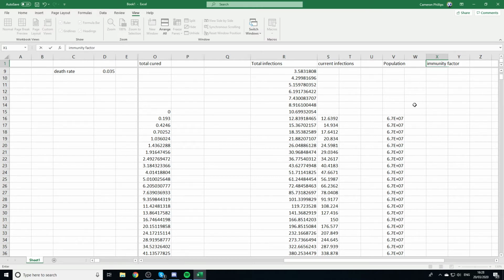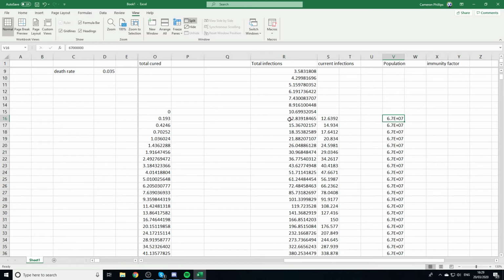The immunity factor is a percentage, and we're going to give it a value between 0 and 1. And what it is is what percentage of this remaining population cannot be infected? So what percentage of the population at any time can't get it because they've either already had it, or they have it, or they have died?